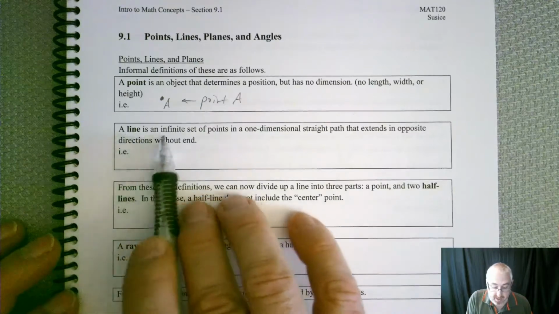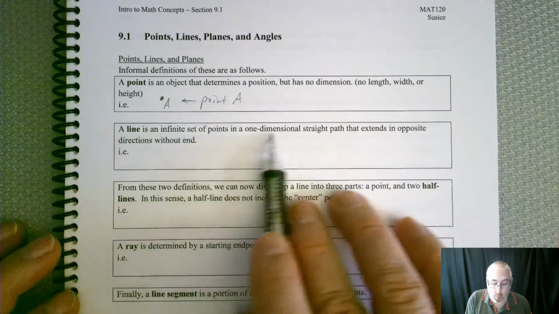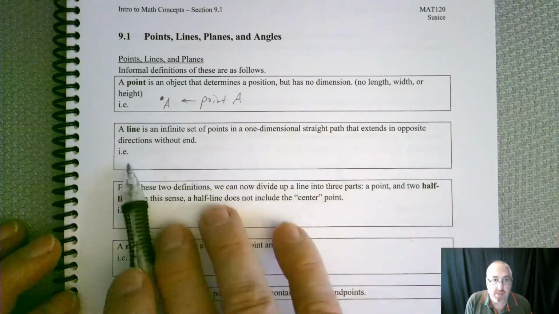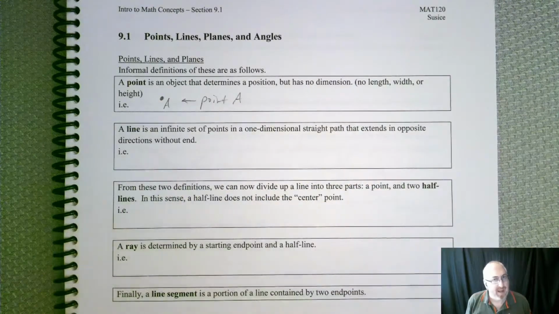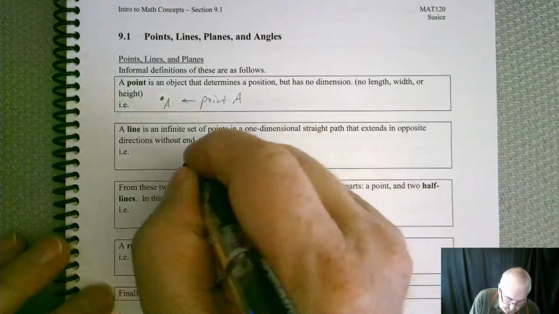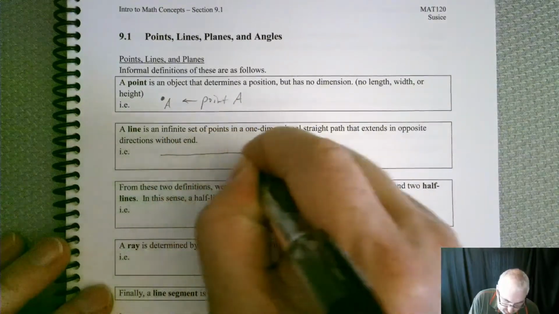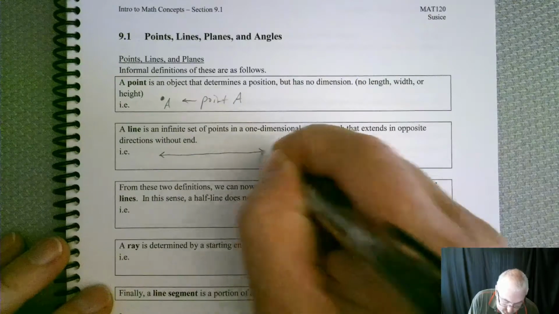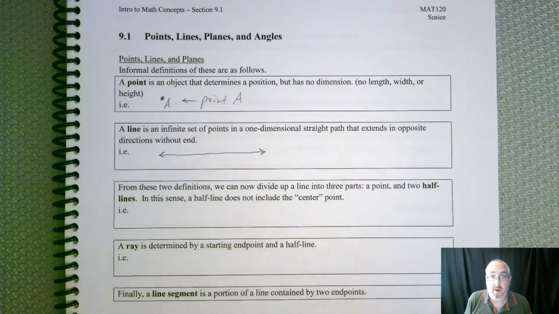Pretty quick. So the next step up from that would be a line. A line by definition is an infinite set of points in a one-dimensional straight path that extends in opposite directions without end. It's kind of hard to define what a line is. We know what a line is, but in this sense, it is going to be infinitely long. It goes on forever and ever in both directions. So we would have something that looks like this. They'll put arrowheads on the end just to signify that it goes off forever and ever.